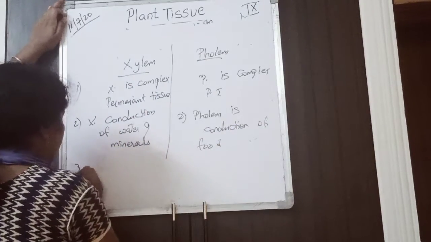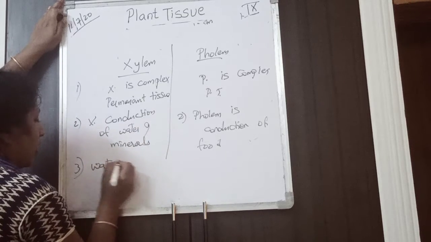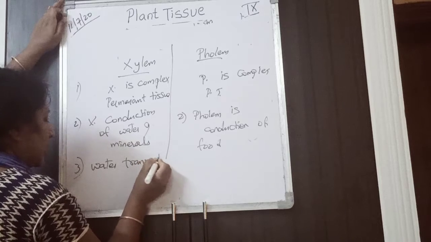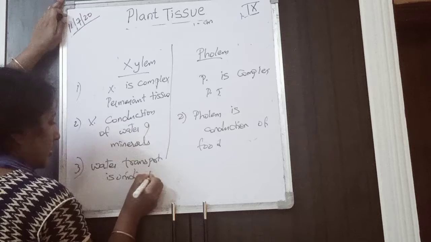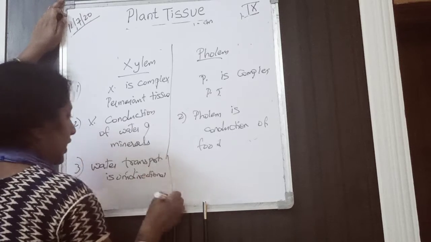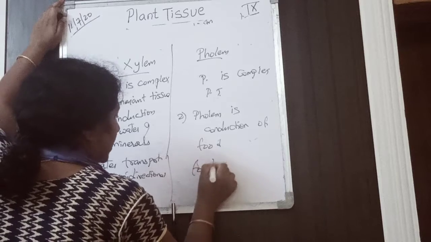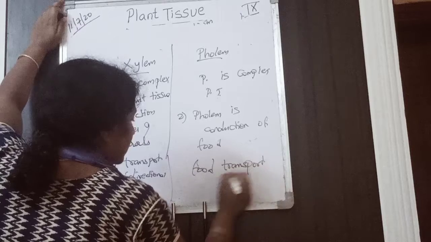Water transport is unidirectional. Food transport is bidirectional.